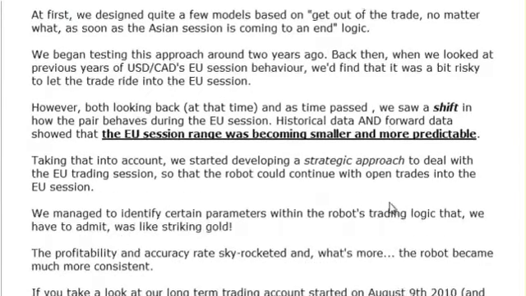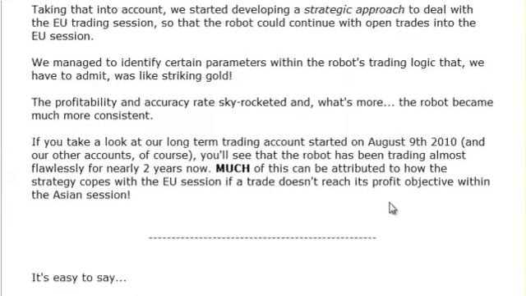Back then, when we looked at previous years of USD CAD during the European session, we found it was a bit risky to let the trade ride into the EU session. As time passed, we saw a gradual shift in how the pair behaves during the EU session. Historical data and forward data showed us clues that the EU session range was becoming smaller and more predictable.